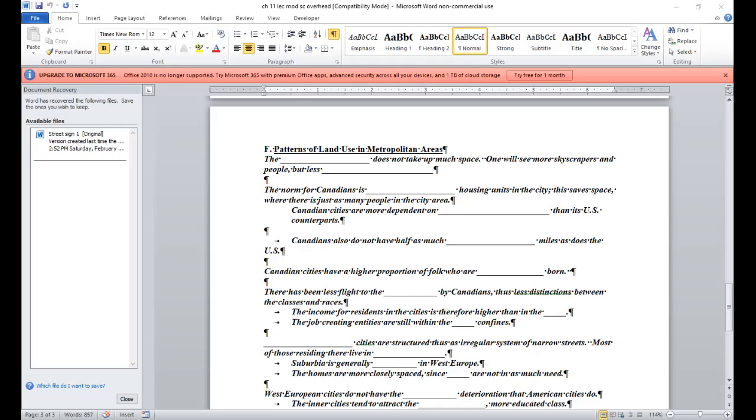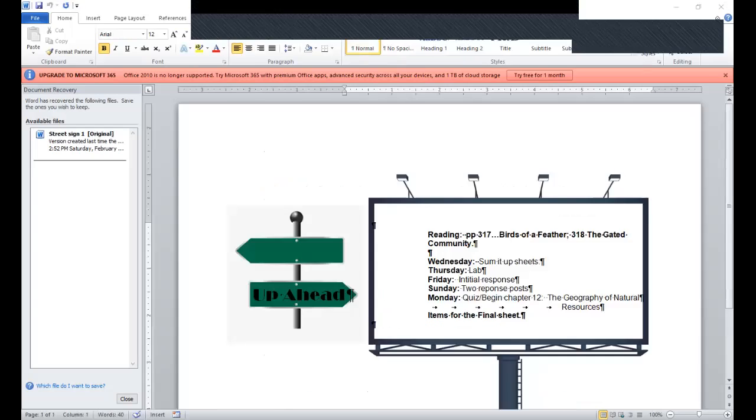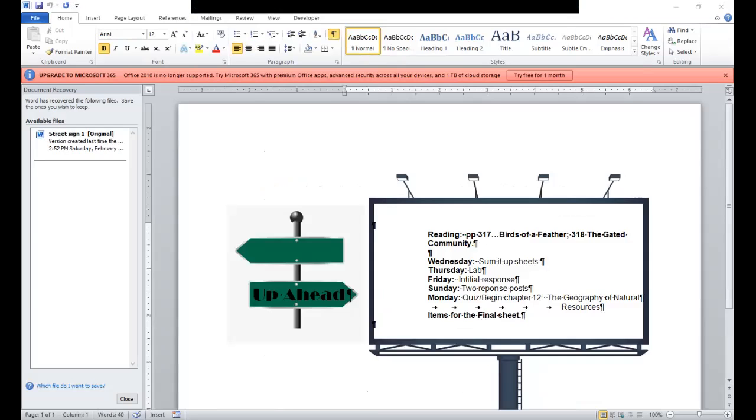Okay, let's look at what is up ahead. I have a couple of interesting things for you. Got a reading for you, a small reading, pages 317 and 318 in your textbook, Birds of a Feather, and this talks about why people segregate with people they're familiar with, and the gated community.